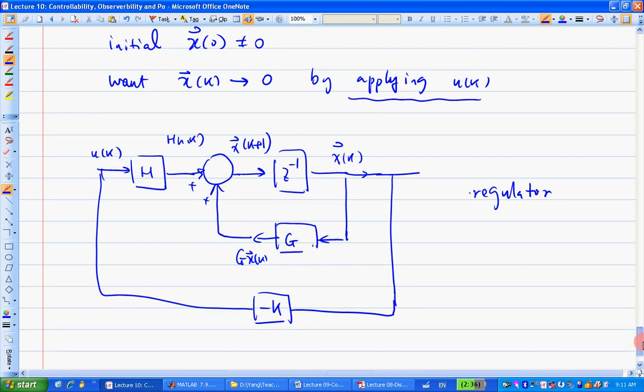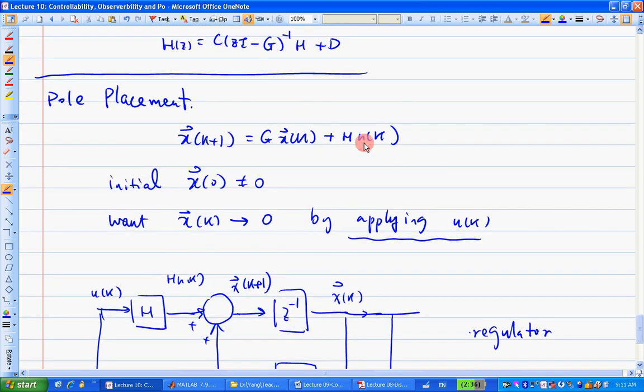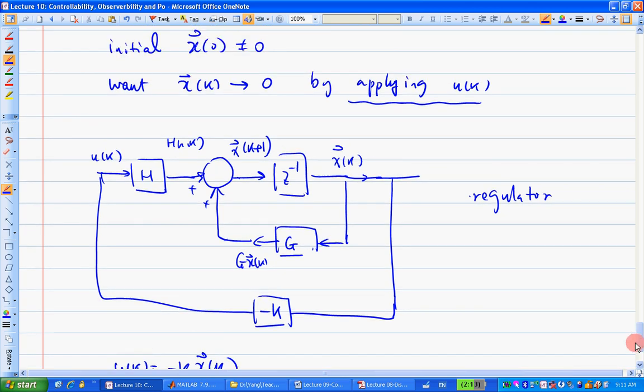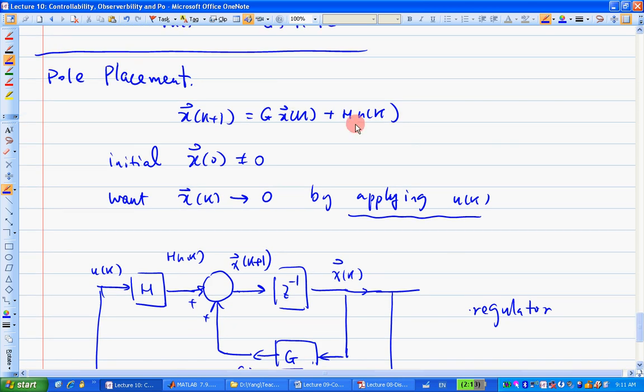So if I do this, let's take a look. Basically, the u becomes negative K times x of k. If u is this, I can plug it back over here.